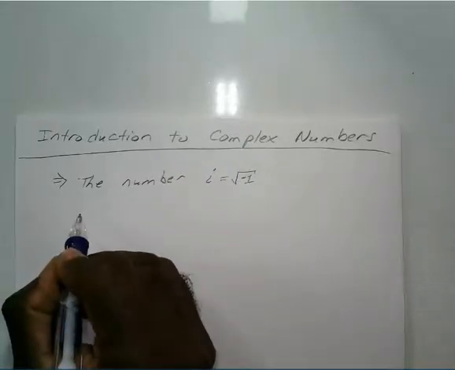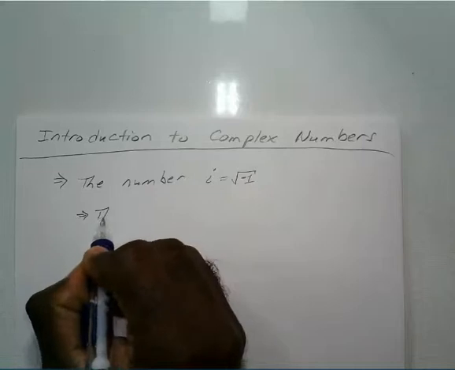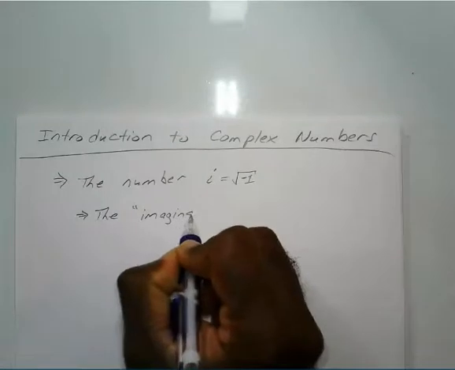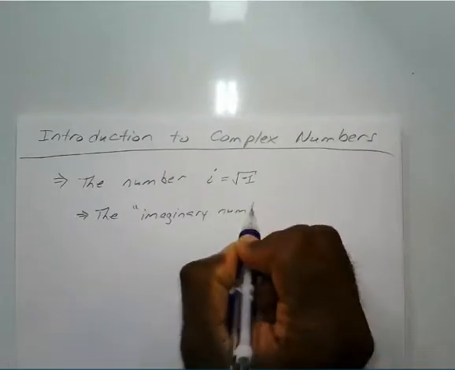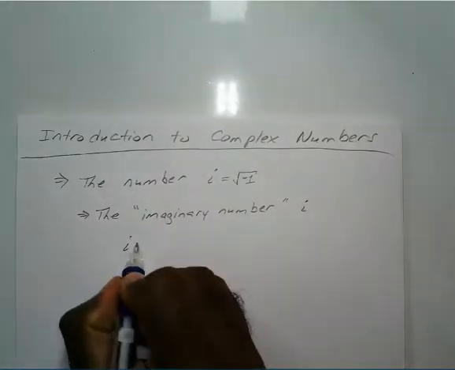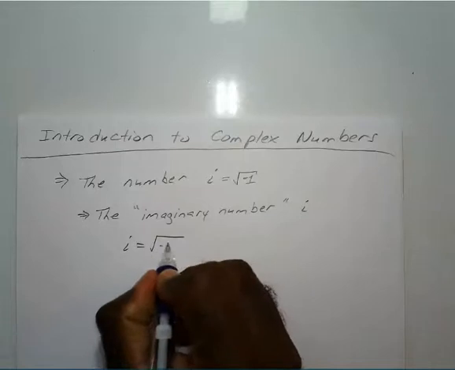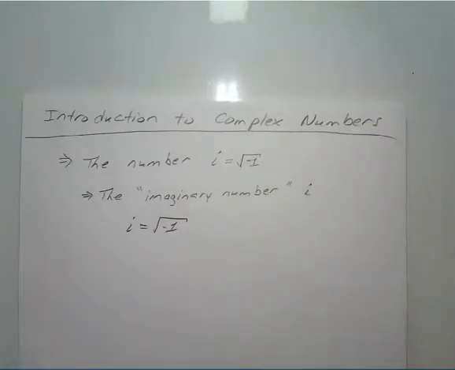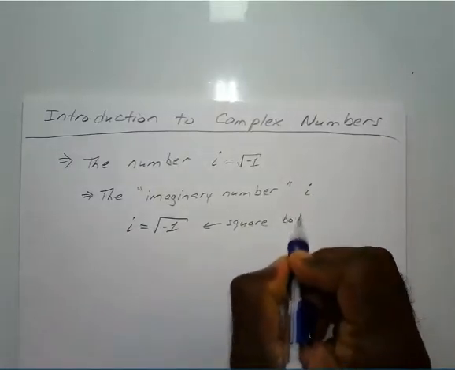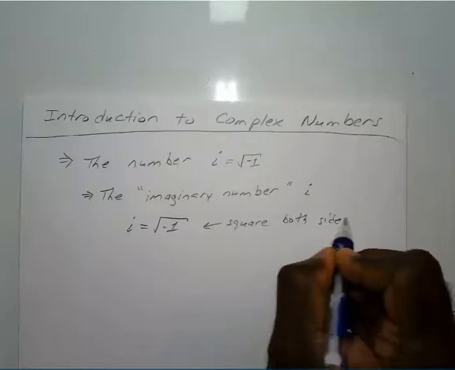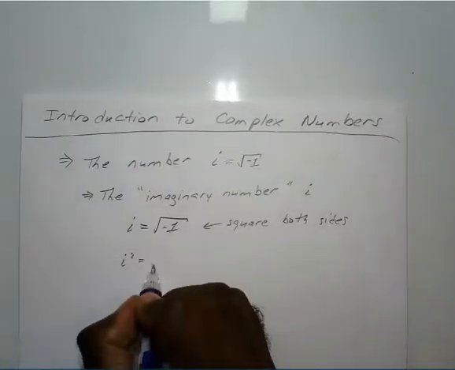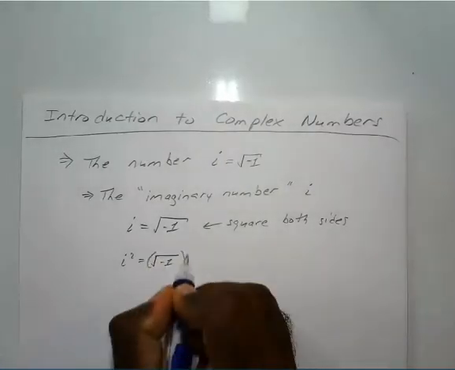Okay, so the imaginary number i, we know that i is equal to the square root of -1. If we square both sides, we see that i squared is equal to the square root of -1, squared.